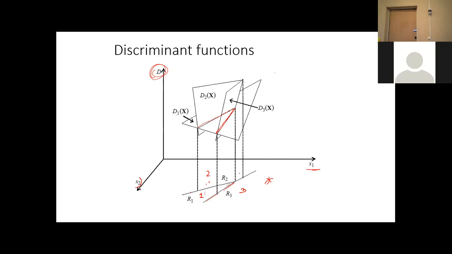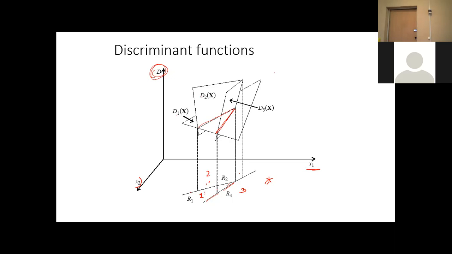It will be the highest value of the discriminant function, because D3 will be higher than D1. So it's like we have 3 objects. Here we have 3 classes.